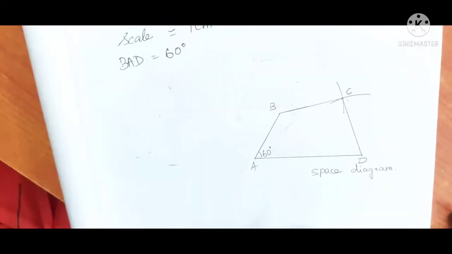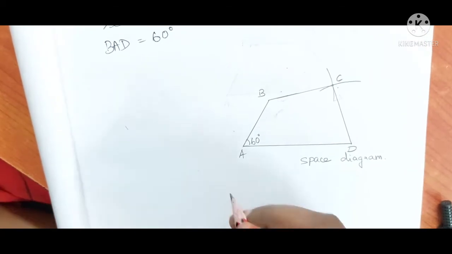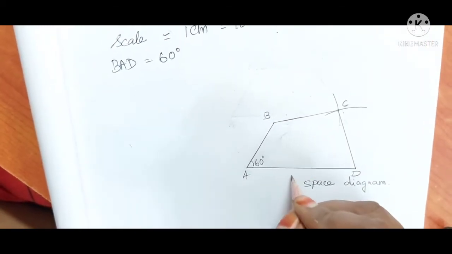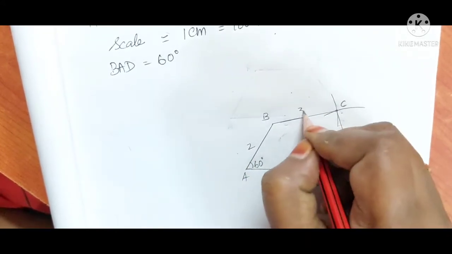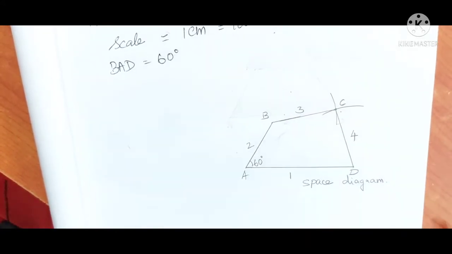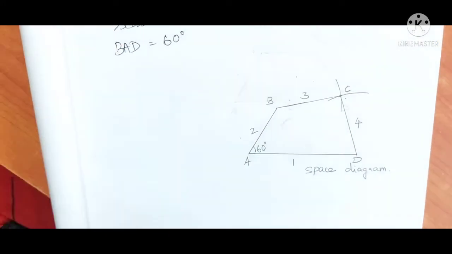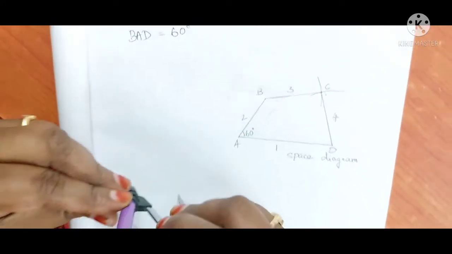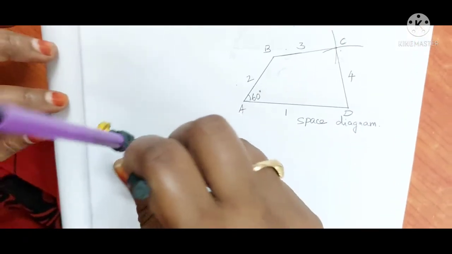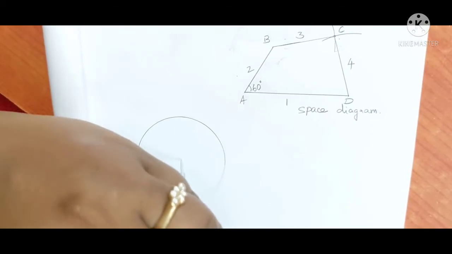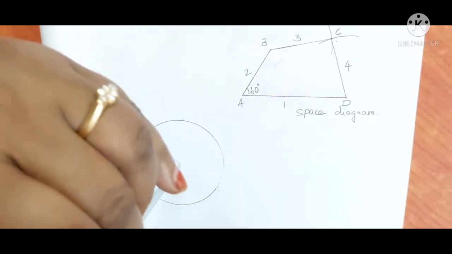So now we need to locate the instantaneous centers. Before that, I'll give the link numbers: this is link 1, 2, 3, 4. How can you locate instantaneous centers? By the circle method. Draw a circle, and the links we have need to be put on the circumference.